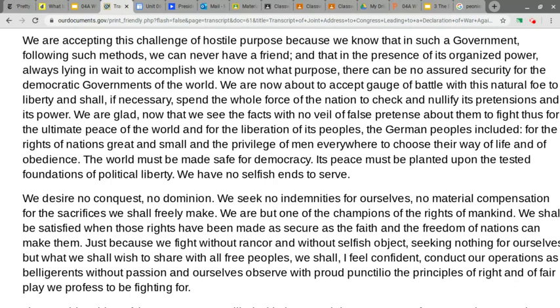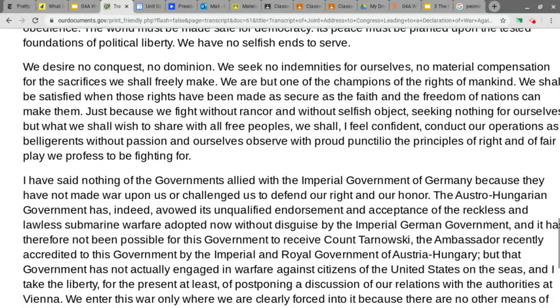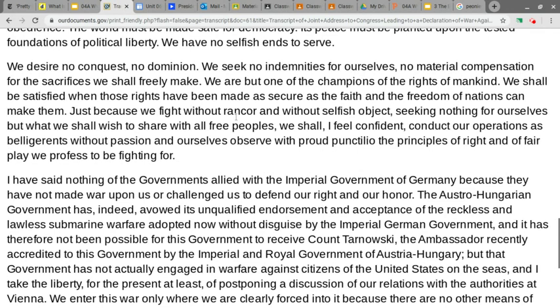Its peace must be planted upon the tested foundations of political liberty. We have no selfish ends to serve. We desire no conquest, no dominion. We seek no indemnities for ourselves, no material compensation for the sacrifices we shall freely make. We are but one of the champions of the rights of mankind. We shall be satisfied when those rights have been made as secure as the faith and the freedom of nations can make them.